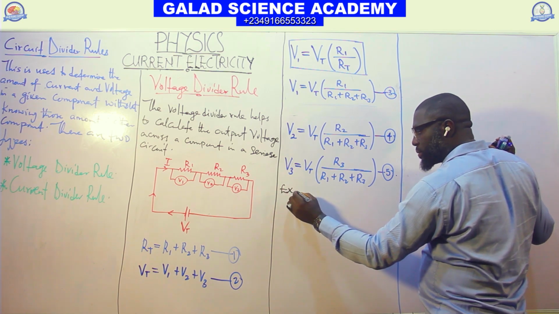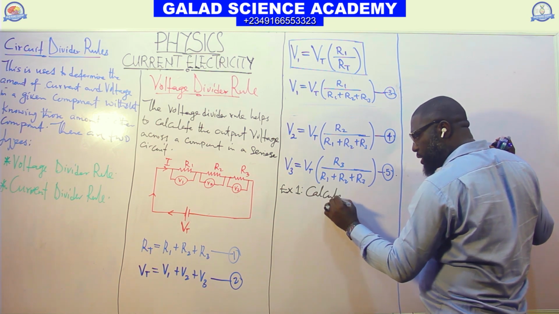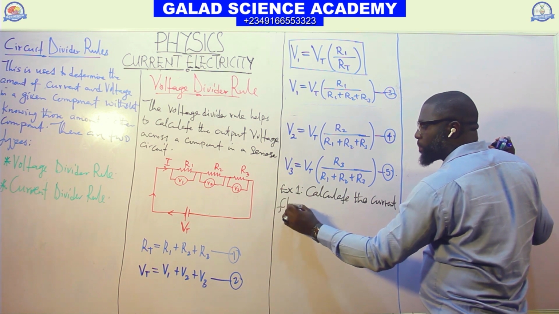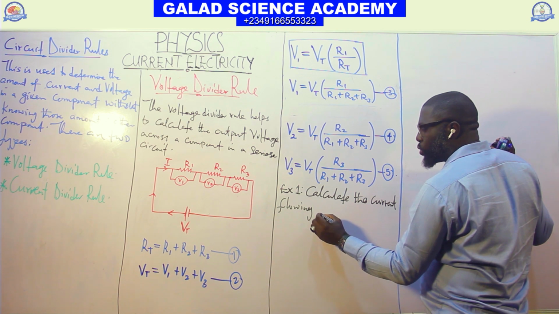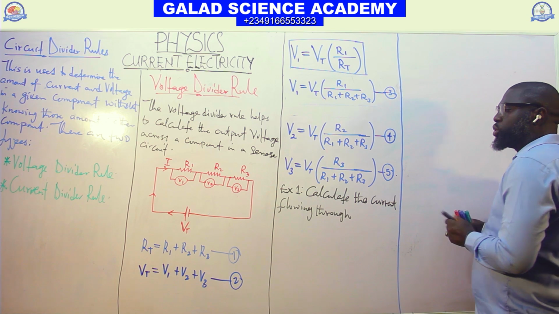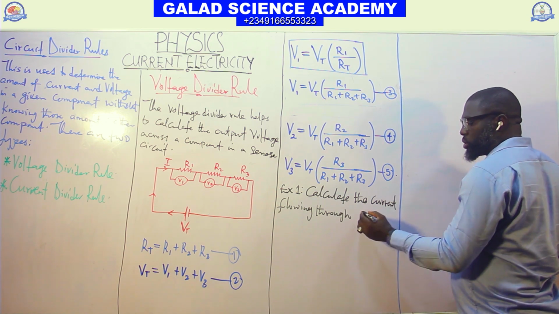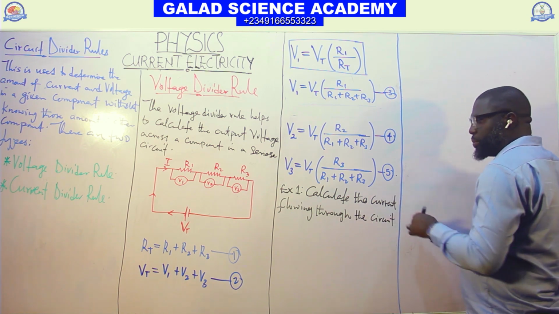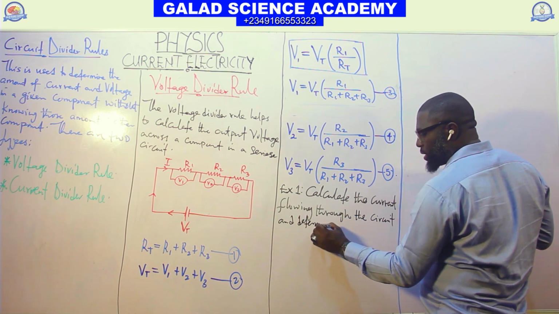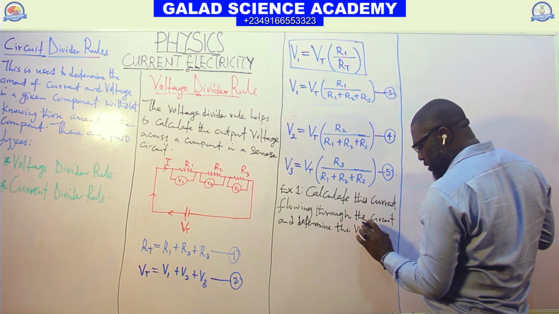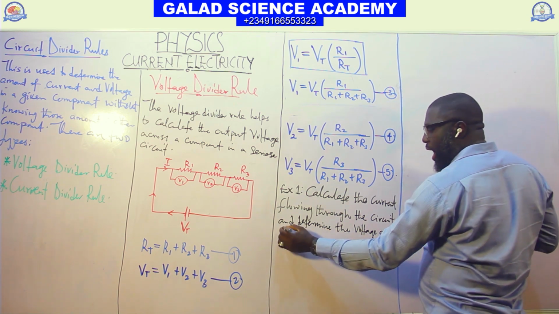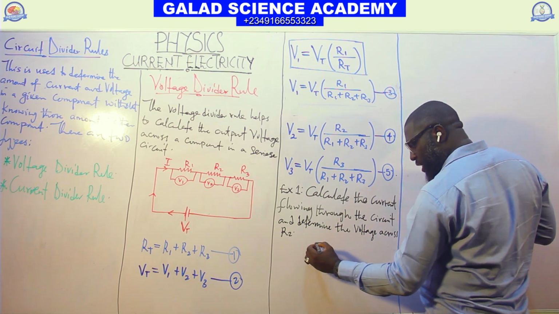Example 1: calculate the current flowing through the circuit below and determine the voltage across R2. We are given this circuit below.